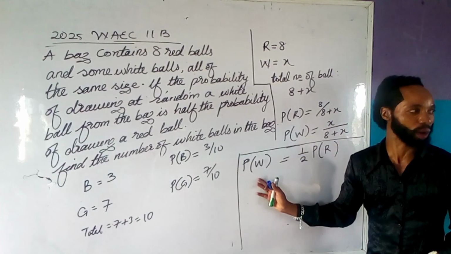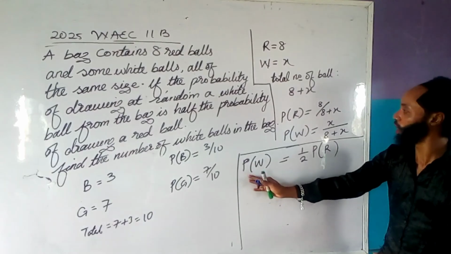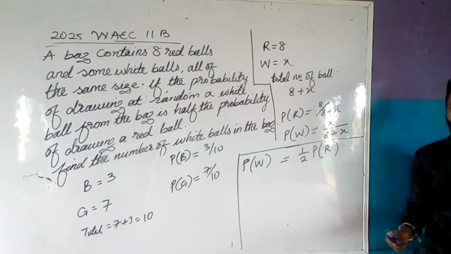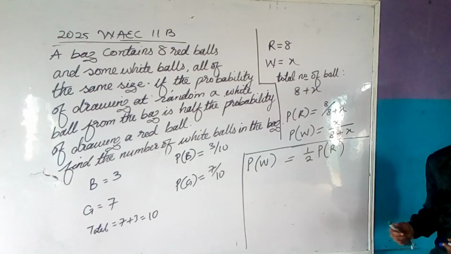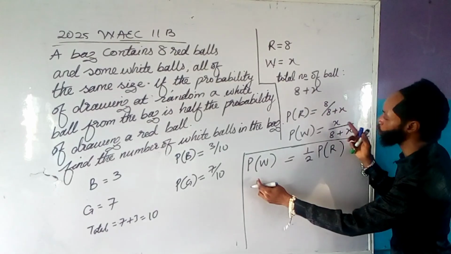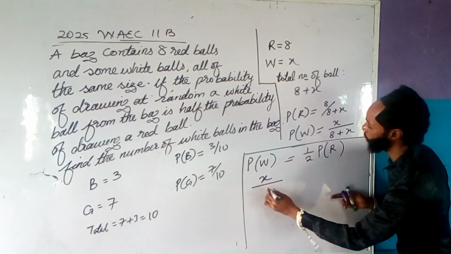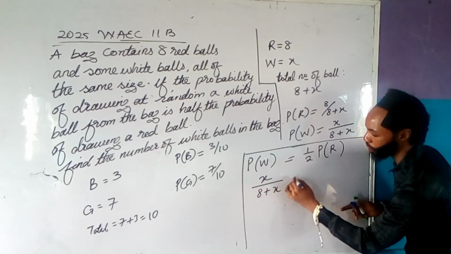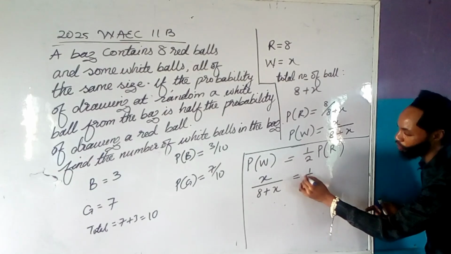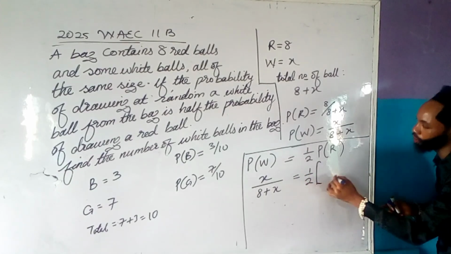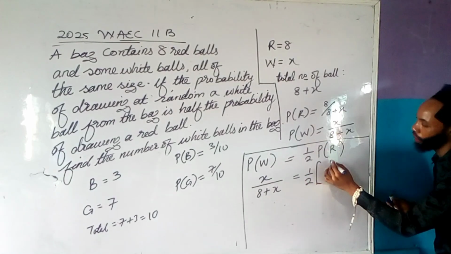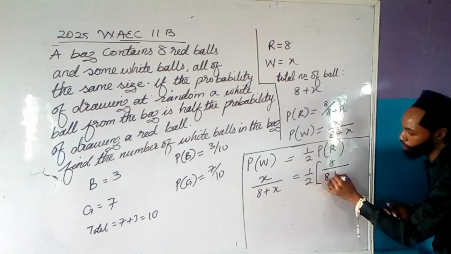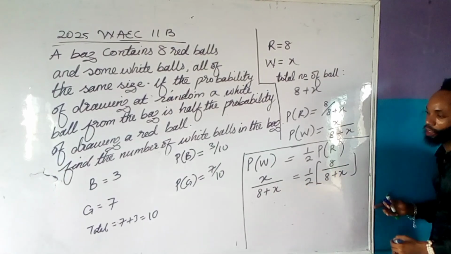This is the statement that we have. The probability of white is X over 8 plus X, then we have 1 over 2 of the probability of red, which is 8 over 8 plus X. And this is what we have.